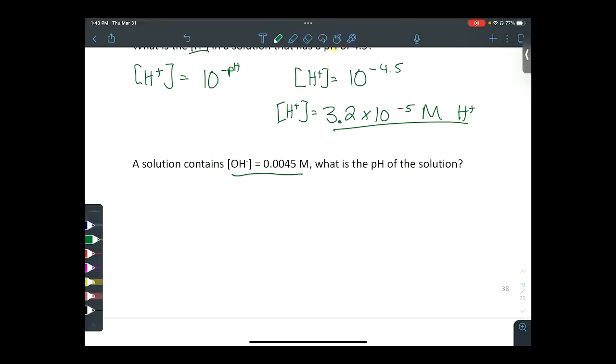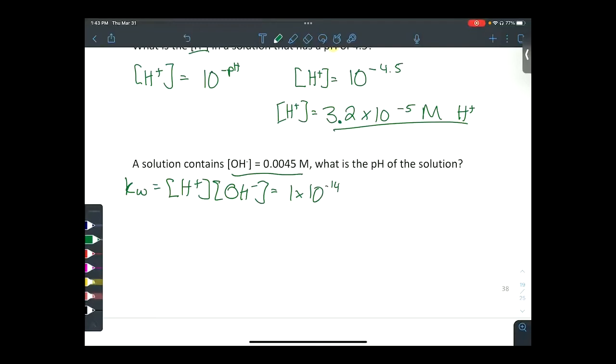The other equation I had you memorize? KW, right? If we know OH concentration, we can always get H plus. So recall, we have to use two equations here. We need to use the KW expression, which says that H plus concentration times OH always equals 1 times 10 to the negative 14.